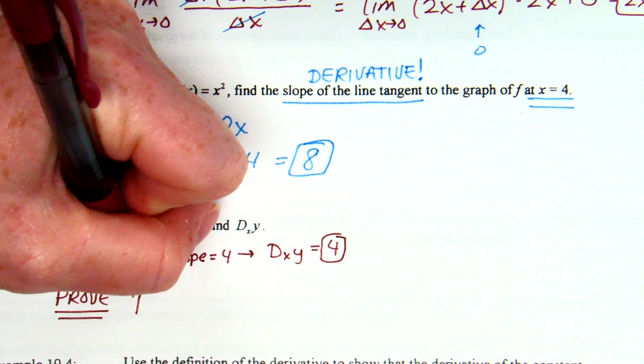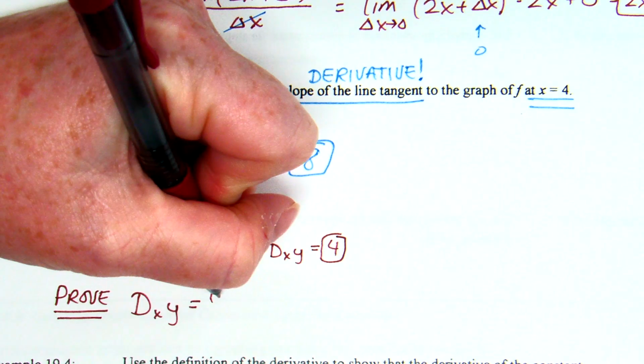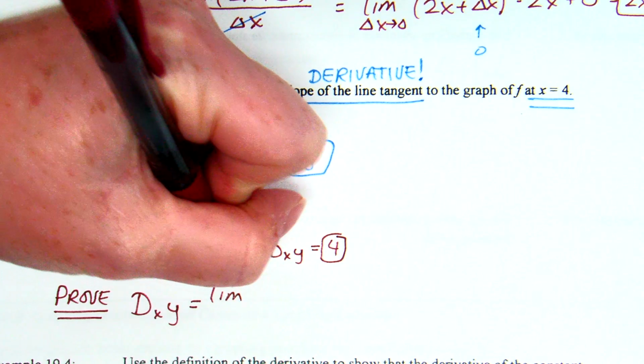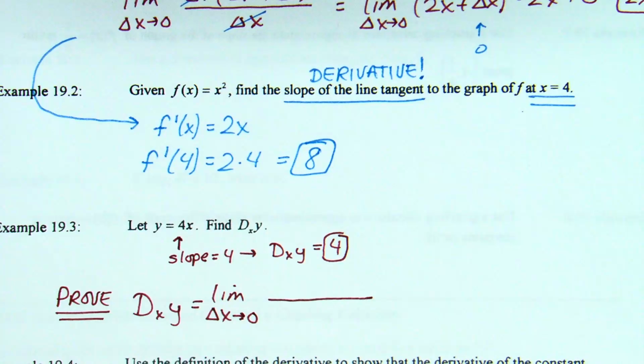So the derivative of y with respect to x. Okay, you guys know that formula? And by the way, this is a formula you'll have to be familiar with, you have to have it memorized, okay? The limit as delta x approaches 0 of f of x plus delta x.